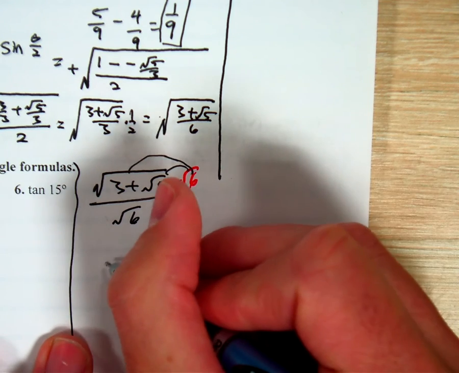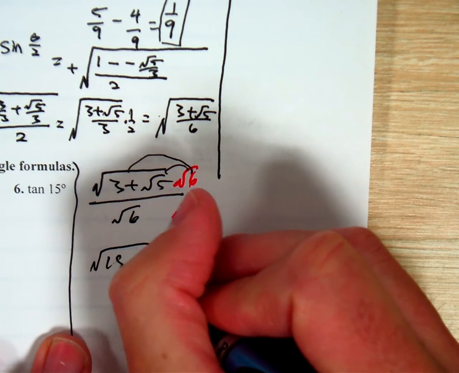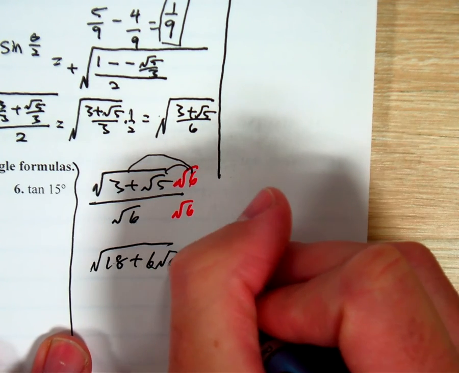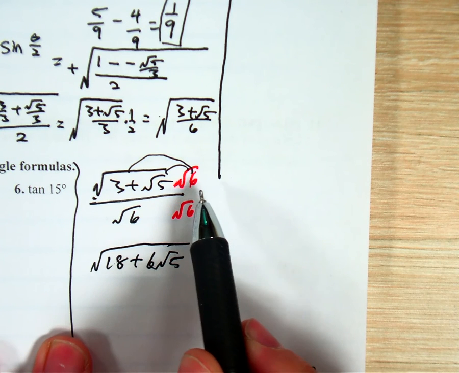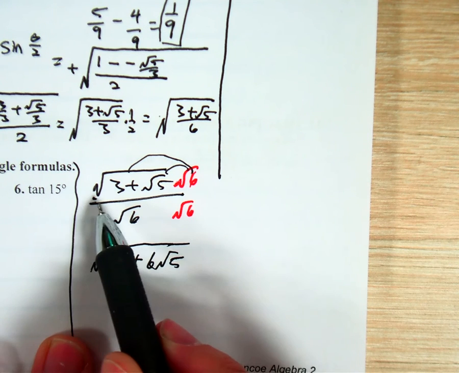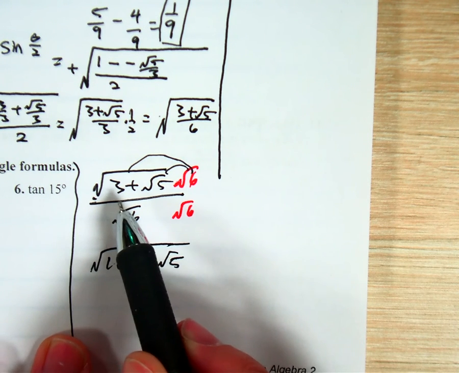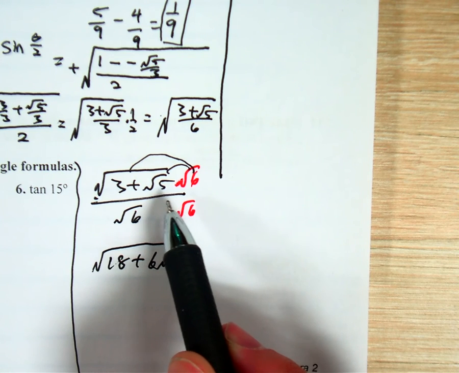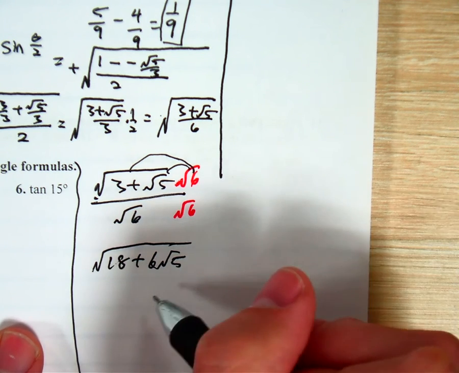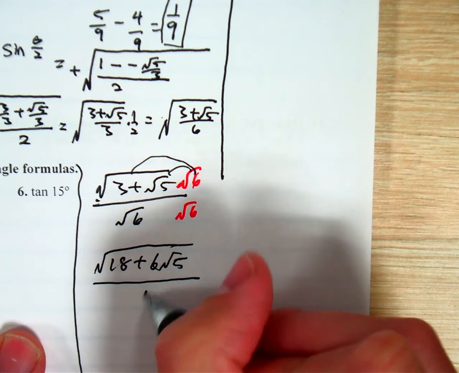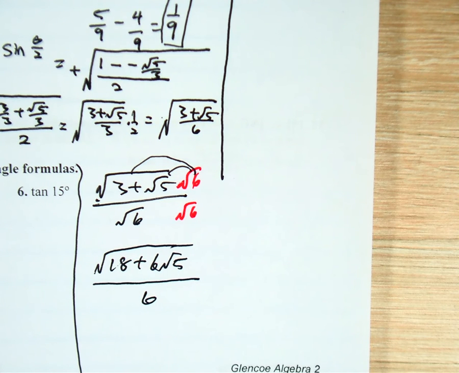So this is going to be the square root of 18 plus 6 radical 5. Okay, it's one square root there, it's one square root here. So this times 6 can get into the first one and go to 18, but it can't get inside the second one and make that 30. It's going to sit outside 6. Okay. Radical 6 times radical 6 is regular 6 on the bottom. And now you're done.